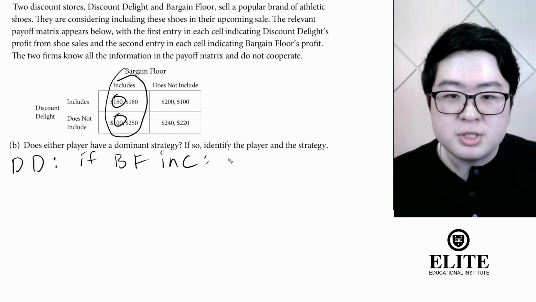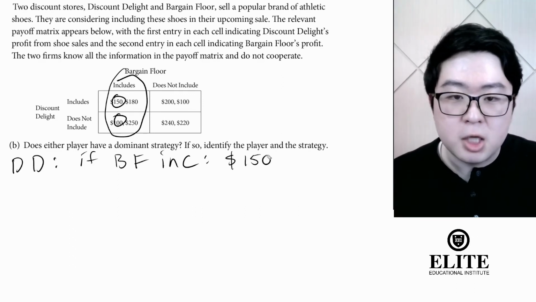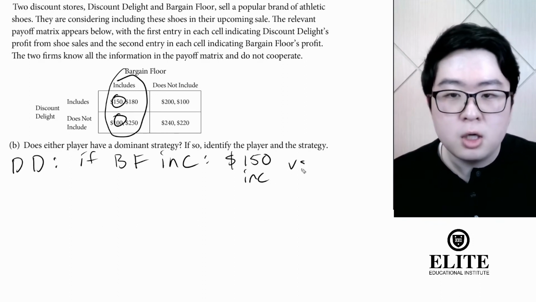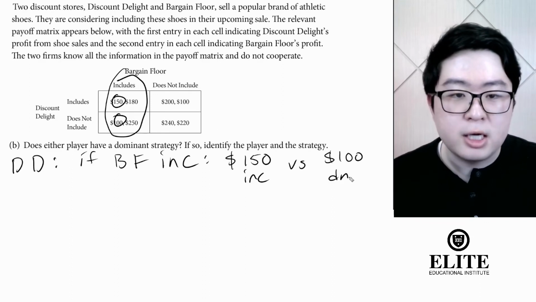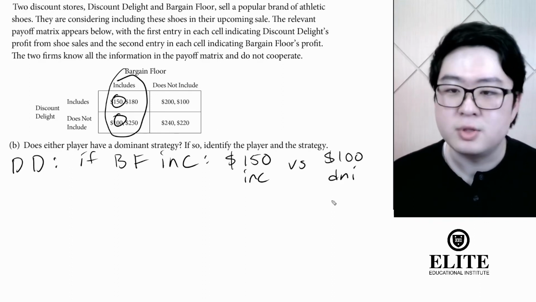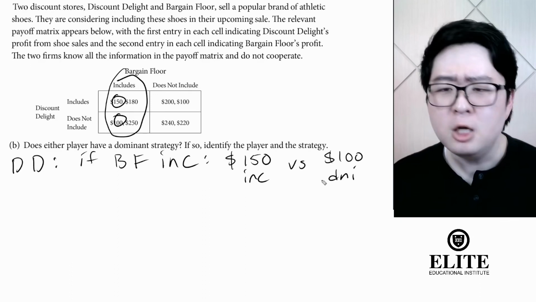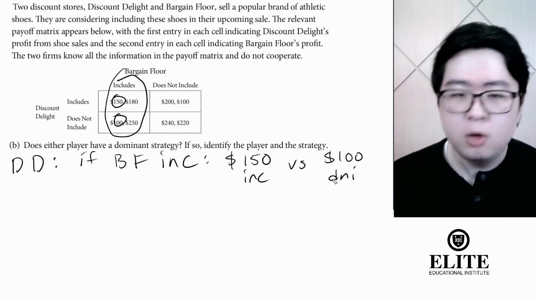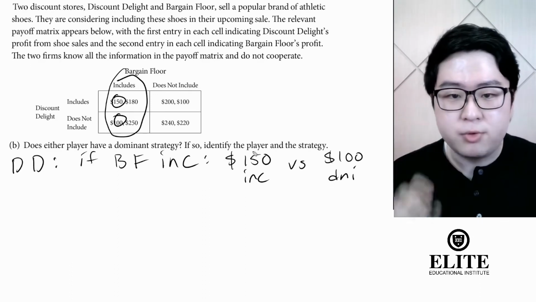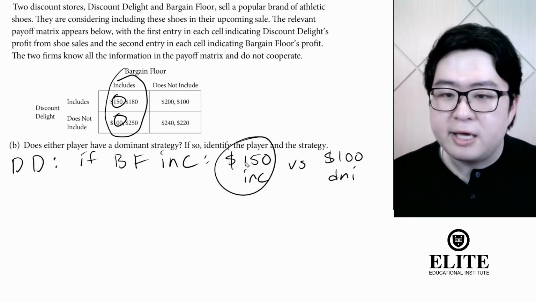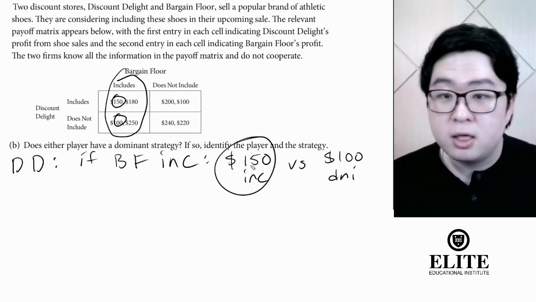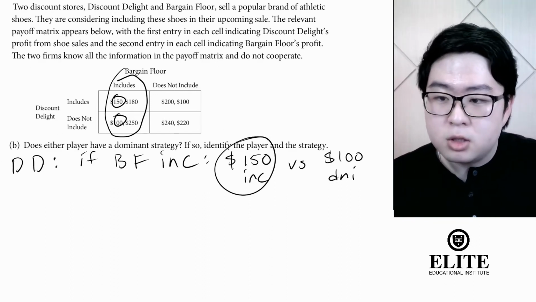We're faced with the choice of either $150, right, if Delight chooses to include, or a profit of $100 if Discount Delight chooses to not include. I'm just going to write DNI for do not include, right? Which one is Discount Delight going to pick? Well, obviously the one with the higher profit, and that's going to be to include the shoes in their sale, right? Let's see if Discount Delight reacts the same way when Bargain Floor does the other thing.